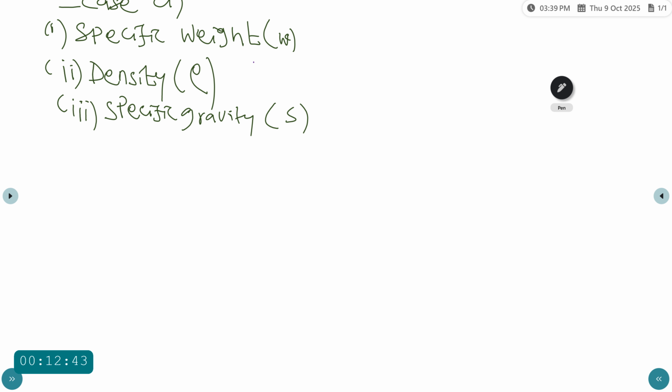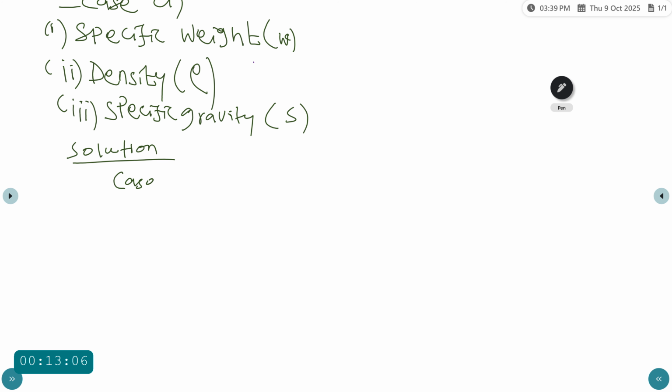Given data: 1 liter of petrol volume and 7 Newton weight. We have to calculate in case 1 the specific weight, density and specific gravity. First the solution for case 1; after that we can solve case 2.